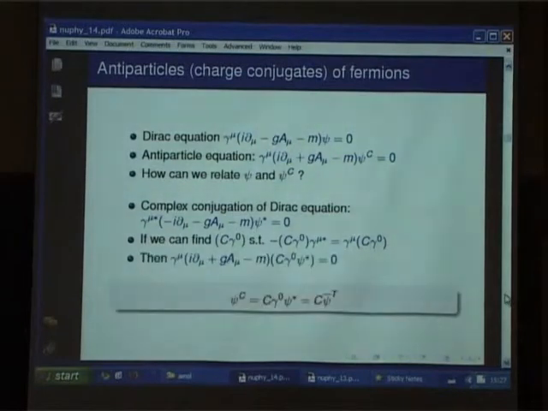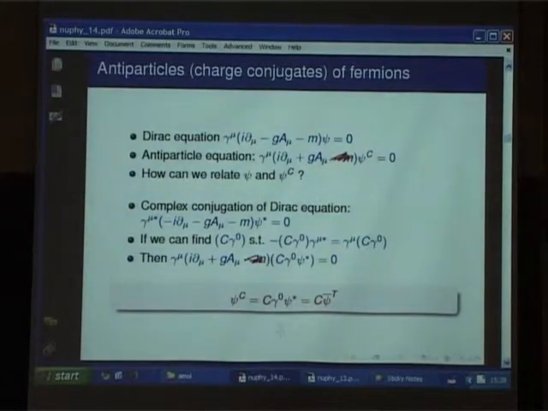So this means that I have been able to write an equation which is gamma mu times i del mu plus g A mu acting on C gamma 0 psi star is equal to 0. So if you compare this equation and this equation, you will see that my charge conjugate of psi looks like C times gamma 0 times psi star. And gamma 0 times psi star I can write as psi bar transpose.